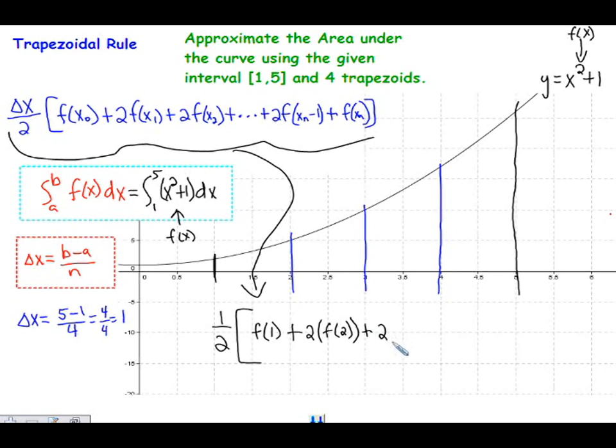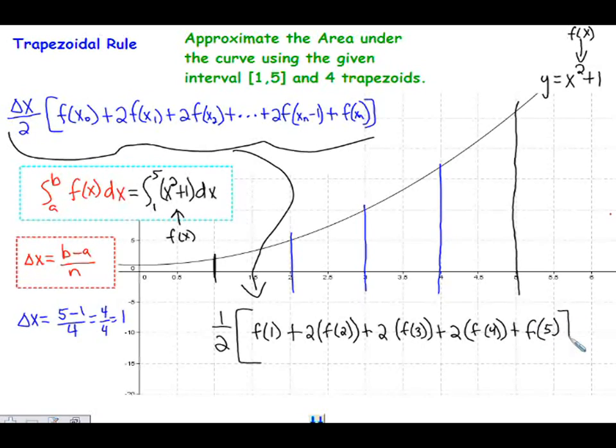So we always multiply by 2 after the first one: f of 3, and then 2 times f of 4. But then 5 is our last value of n. So in the formula, we don't have a multiple of 2 for the final one, so we don't multiply by 2 for the last part of the interval.